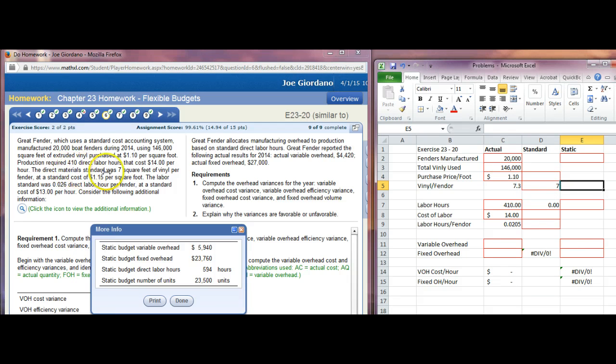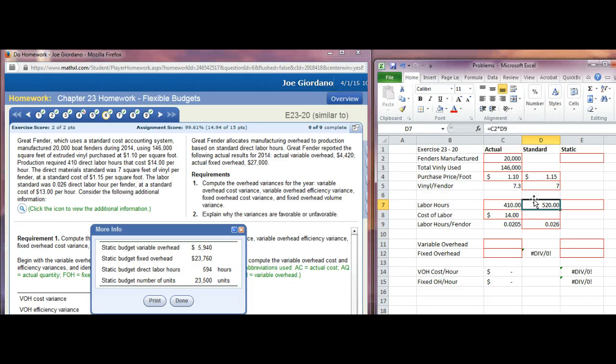All right. Standard cost of $1.15 per square foot. $1.15 goes right there. The labor standard, okay, now we're at labor, was 0.026 direct labor hours. Remember, I calculated this here, 0.026. Here they're just giving me that number.